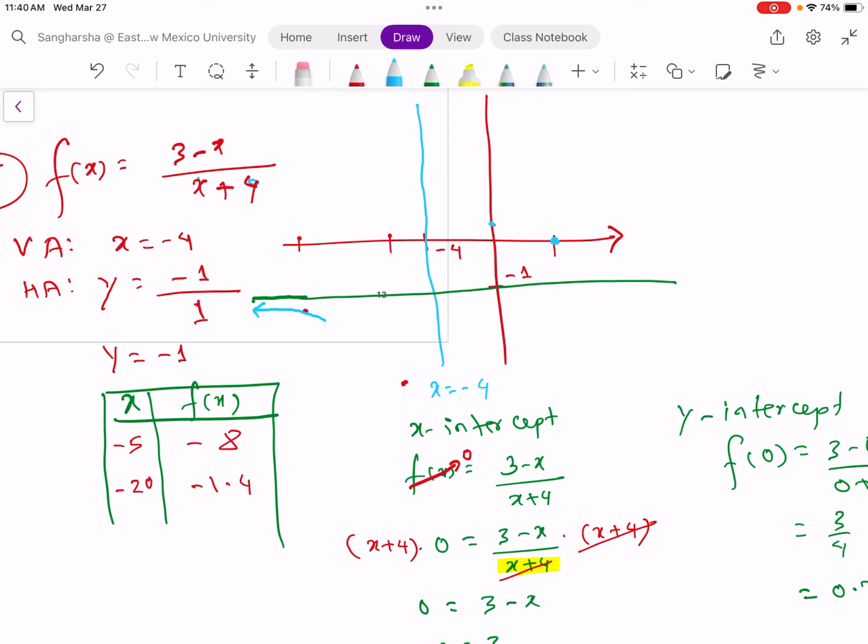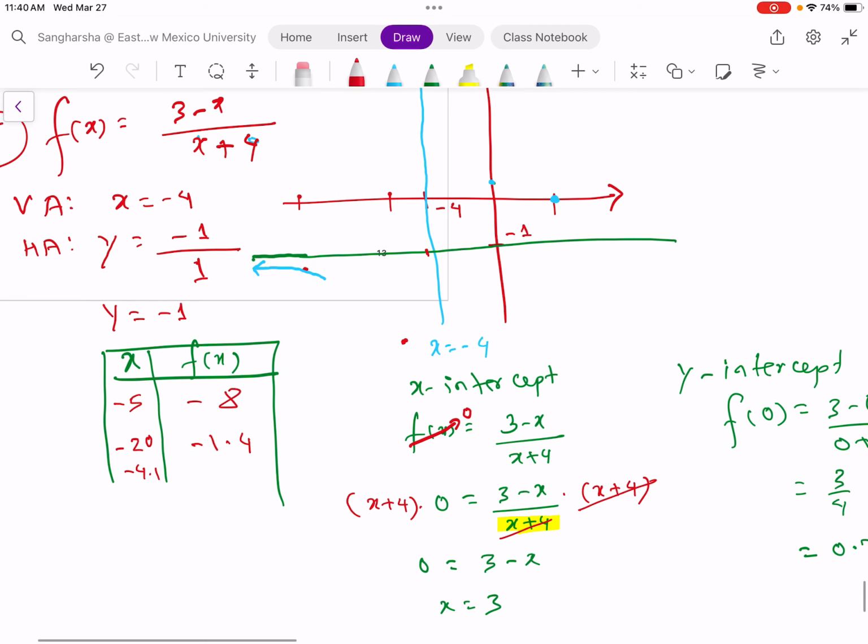Okay, let me choose -4.01 or like -4.1. So what would be the output if we choose -4.1? Let's try one more. So 3 minus -4.1, that is 7.1, divided by -0.1.